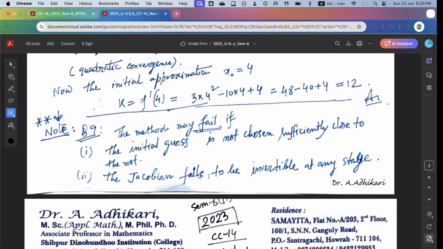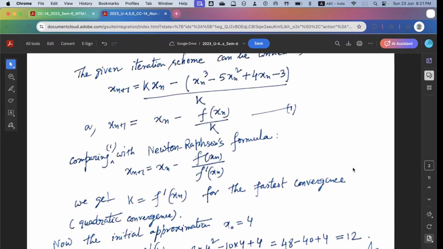And second point, the Jacobian fails, that is, F-A-I-L-S, fails to be invertible at any stage, that is, the Jacobian J not equal to 0 for any n stage.